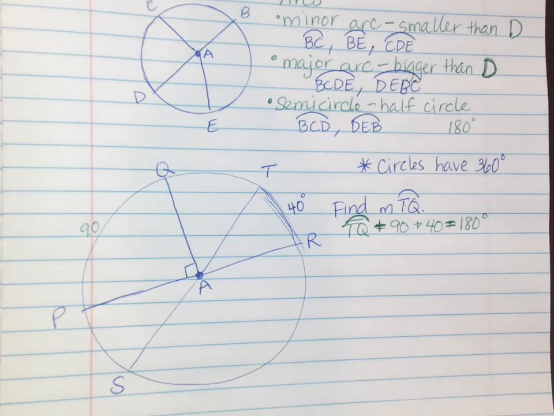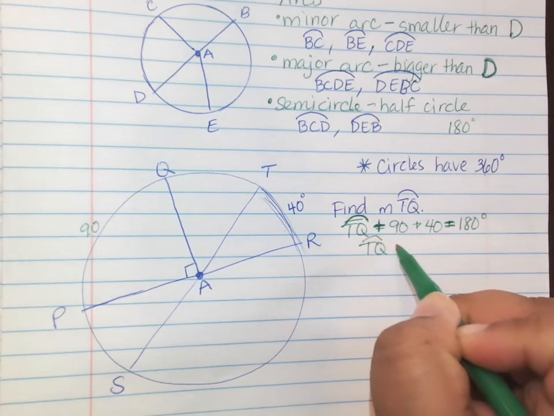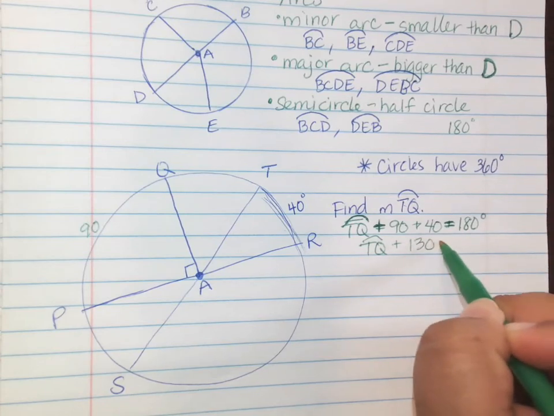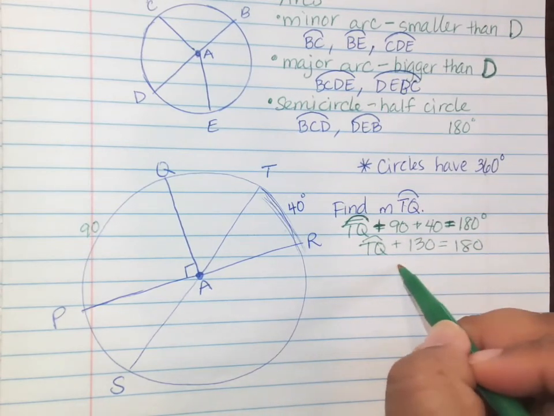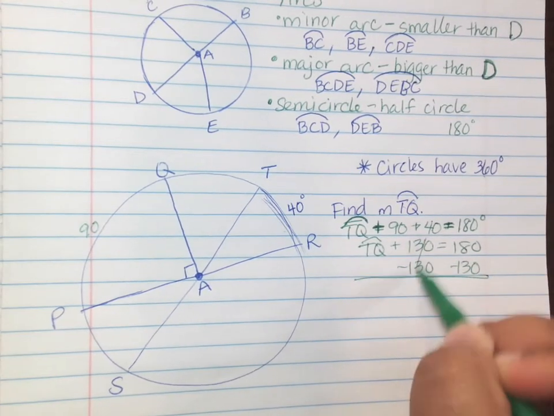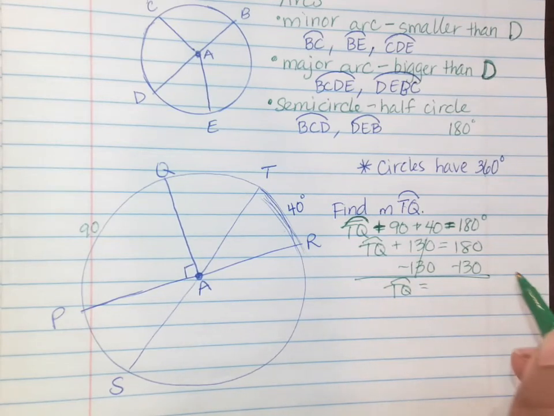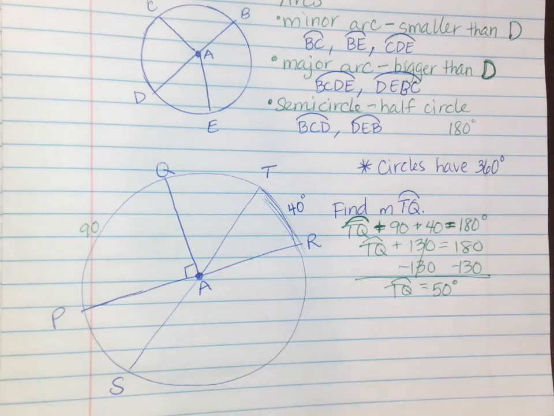Okay, so if we add like terms, we know 90 plus 40 is 130. Now if we finish solving, TQ comes out to 50 degrees. So that arc right there is 50 degrees.